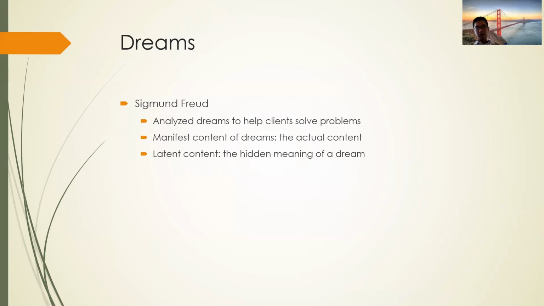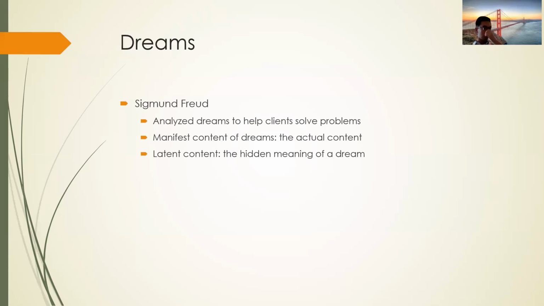And he also found that there are two levels of content in dreams. On the surface level, that's the manifest content of dreams, the actual content of the dream. For example, you meet somebody in a dream, and you do something with that person. But there is also another layer of the dream, the latent content, the hidden meaning of the dream.